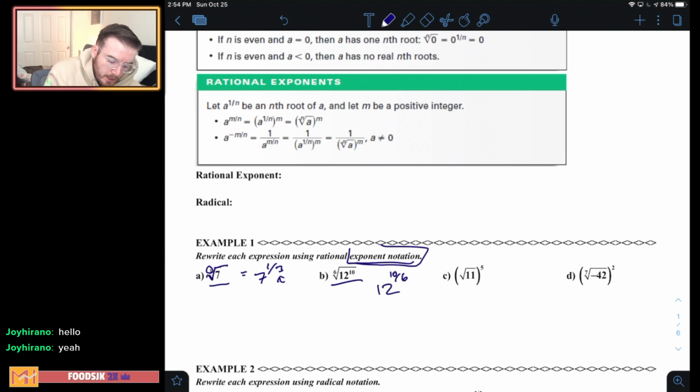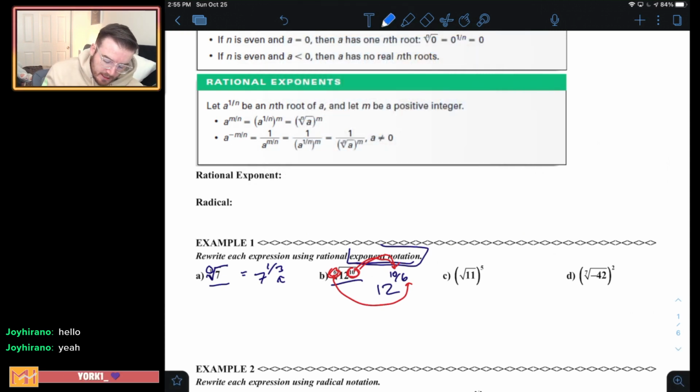So the exponent that we just had goes to the numerator, and the size of the root is the denominator. You see that? It might seem weird or random, as I already said. I'm not asking you to understand why we're writing it this way. You don't need to understand that right this second. What you just need to understand is the pattern. So the exponent went to the numerator, and the size of the root went to the denominator.